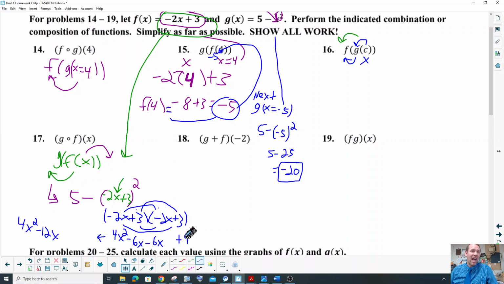Now we have a plus 9 to bring over here. But we also have a 5 from the beginning. So don't forget that 5 from the very beginning, that came from this guy way up here. And now 5 plus 9, so that's 9, 10, 11, 12, 13, 14. So we're going to do a plus 14, and that's going to be the answer at the end there.